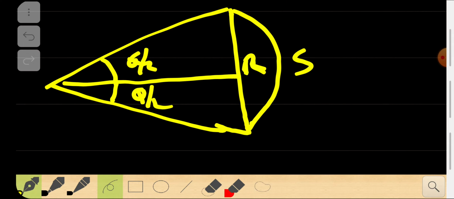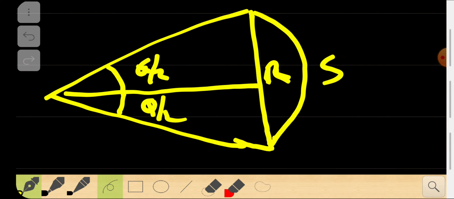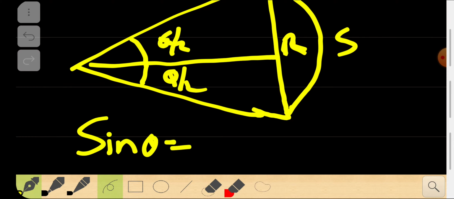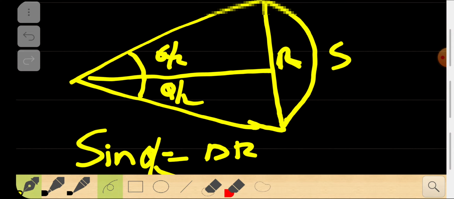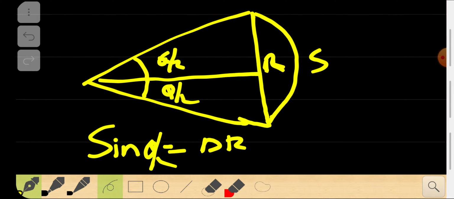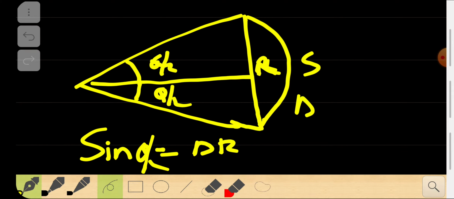Okay, so you can say directly from the equation using trigonometry, sine theta by 2 will be equal to delta r by 2, right? So this is delta r here, delta r.